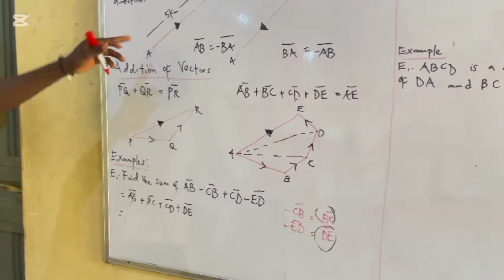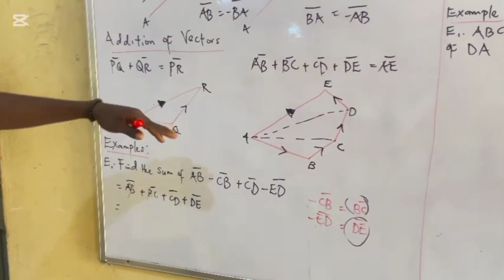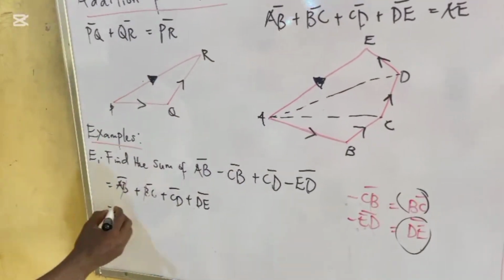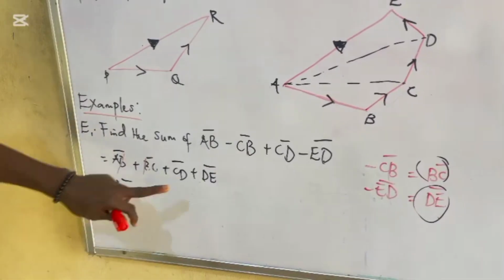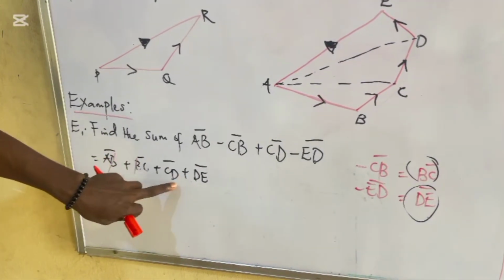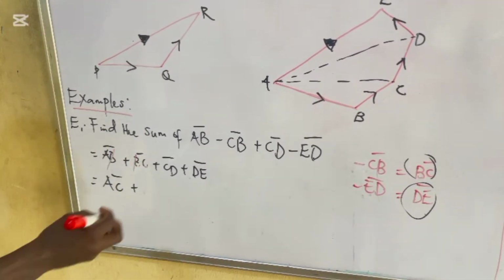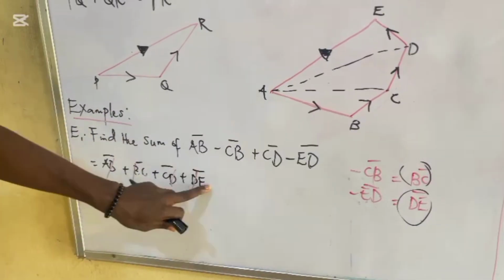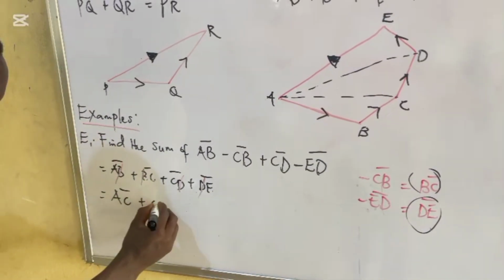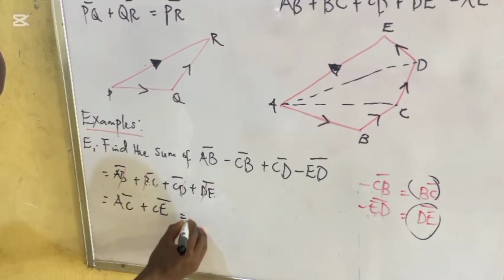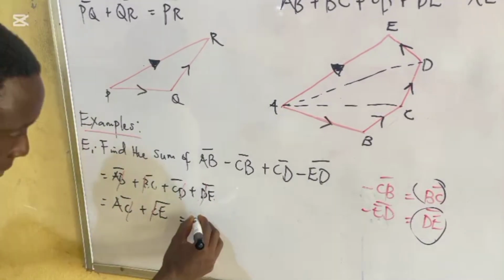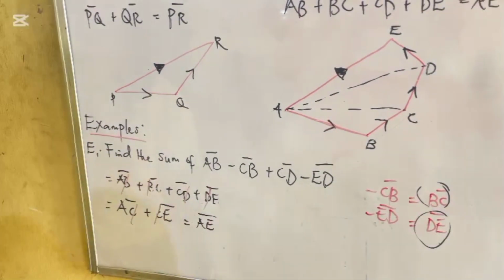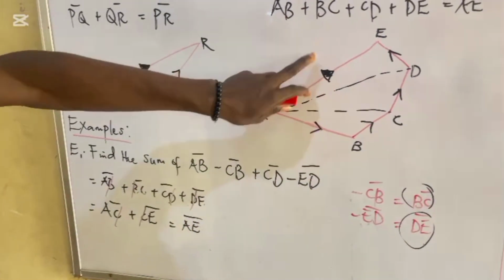It's a long journey, indicating with diagram. We already understand it from all this place. So we have AC here, AC plus, then here you can see vector CD plus vector DE. We have this cancel that, so you have CE there, and our final answer will be what? You also have this cancel that, and you have AE as your final answer. That's what we represented here the other time.